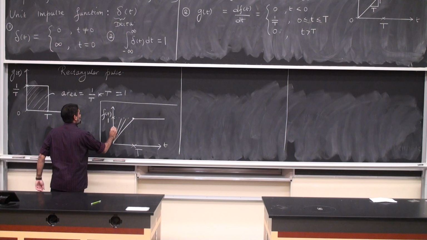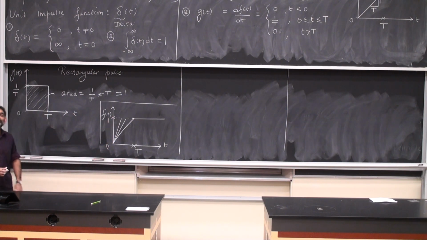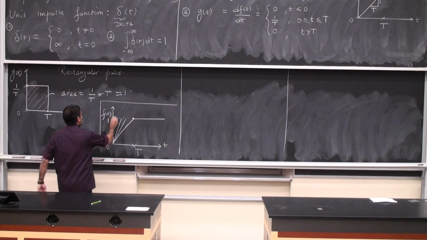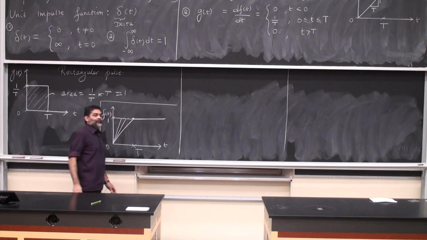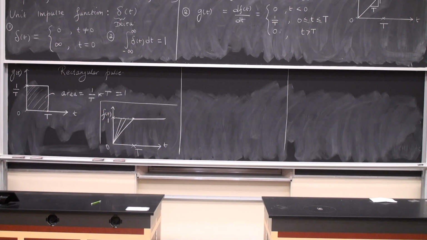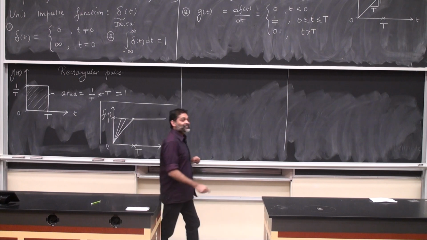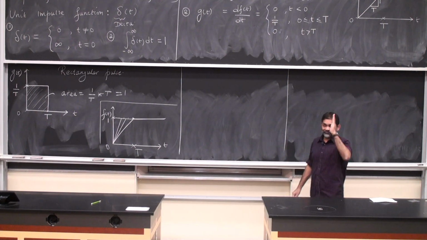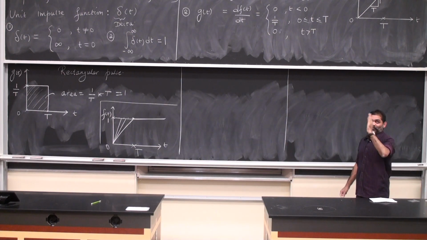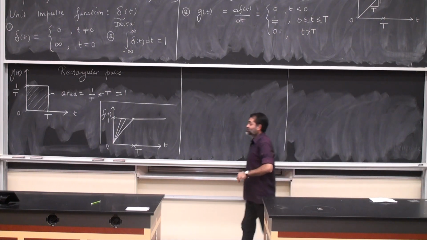Slope would be steeper when I say that T tends to 0. What will I get? When T becomes equal to 0, what will I get? I will have a line, yes? I get a step function here. Because the slope is infinite, but the magnitude is 1 all the way after T is greater than 0.